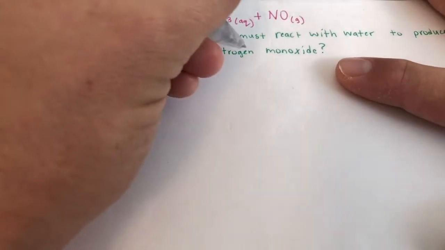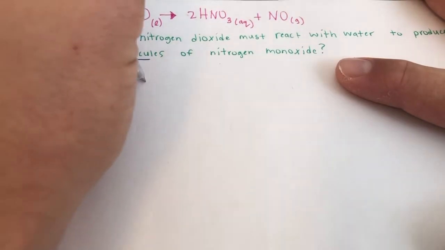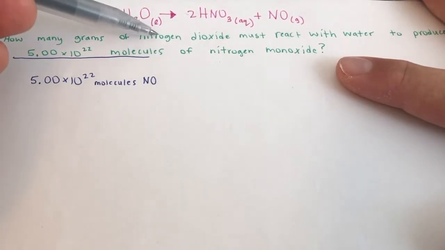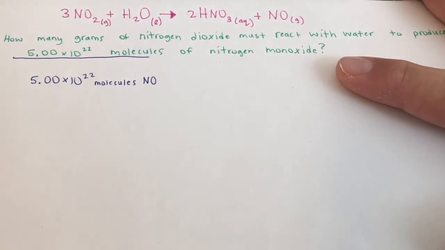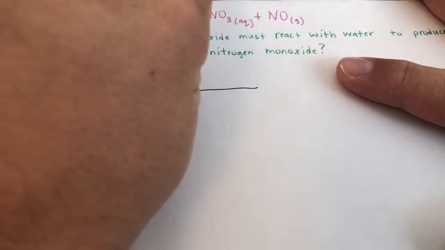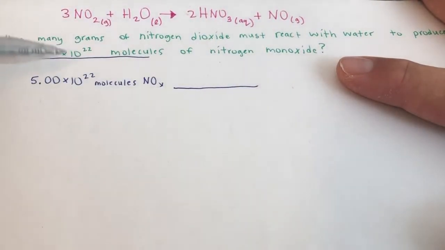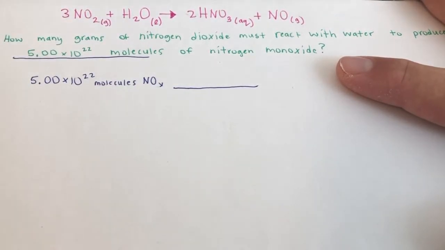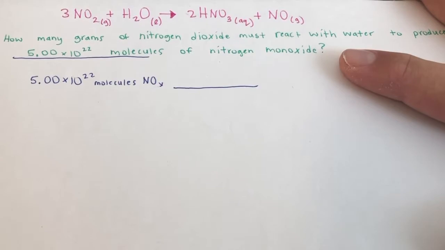So nitrogen monoxide, NO. So we have this, and we're trying to get to grams of nitrogen dioxide. All we need to do is our stoichiometry, our unit conversion until we get to grams of nitrogen dioxide. So we have molecules of NO.